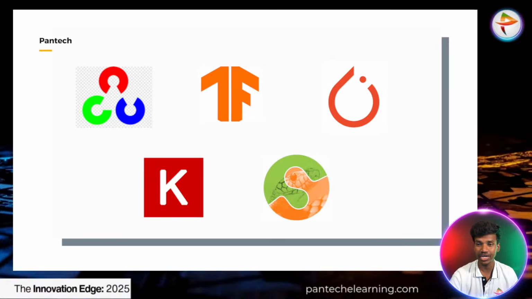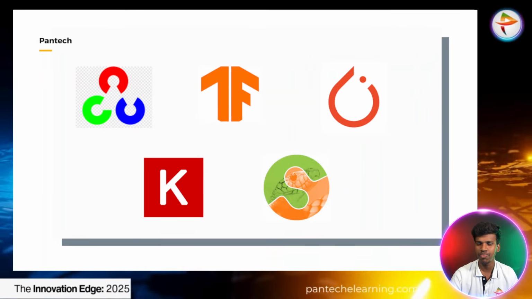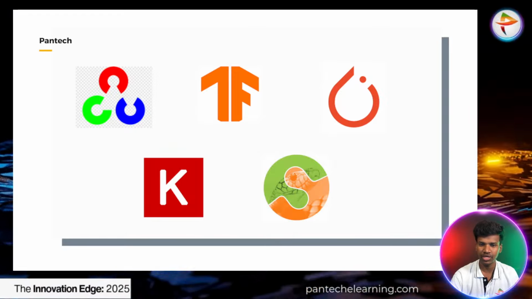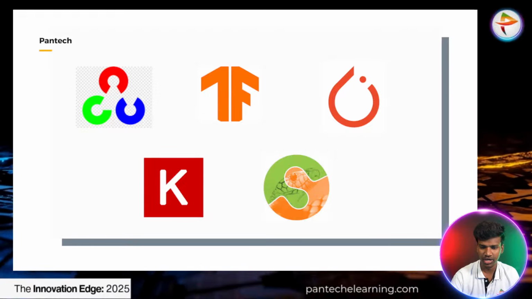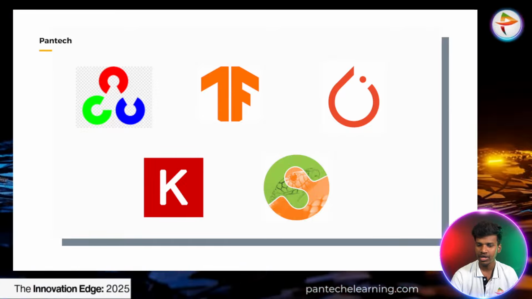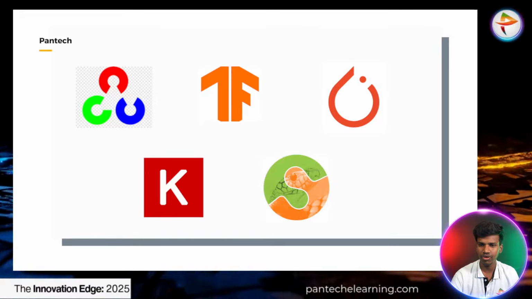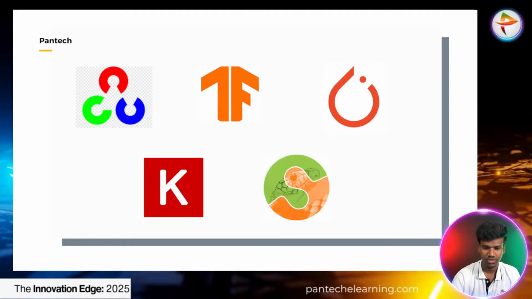The last one is scikit-image. Everyone knows scikit-learn, which is a machine learning algorithm library, but this is scikit-image. It's related to handling image processing. It is not scikit-learn, it is scikit-image. Search with this logo in Google and you can get the answer.